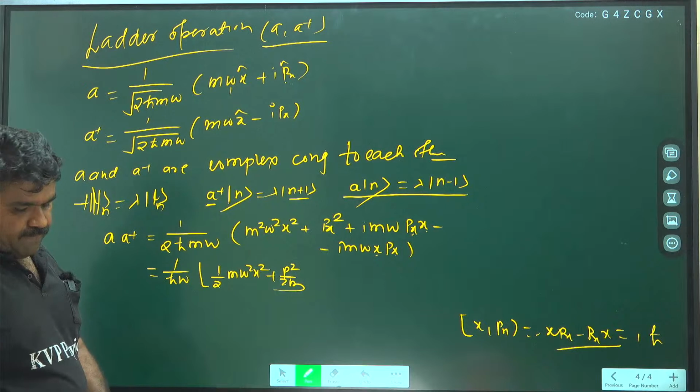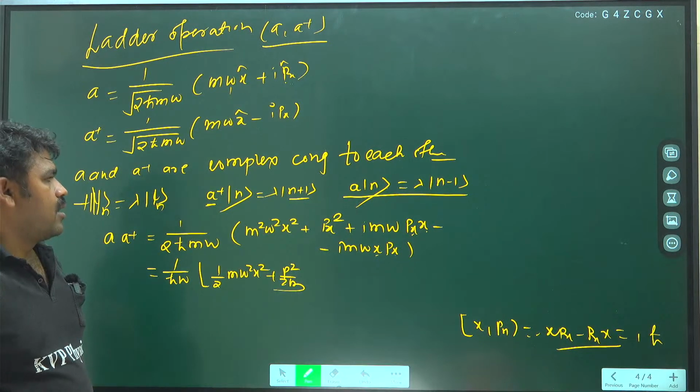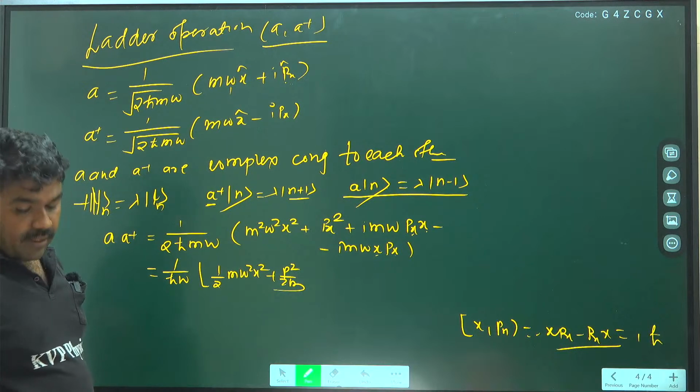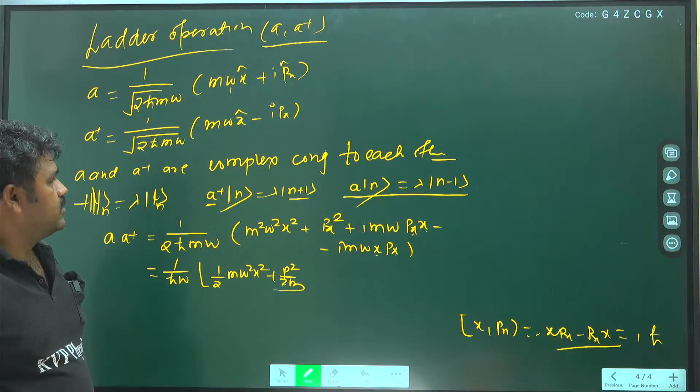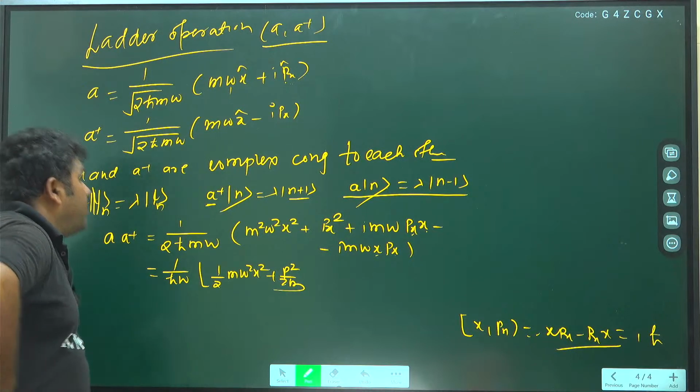ओके, हमारे पास सेकेंड वाला माइनस है px x, क्या ले रहे हैं हम, a dagger, ओके.